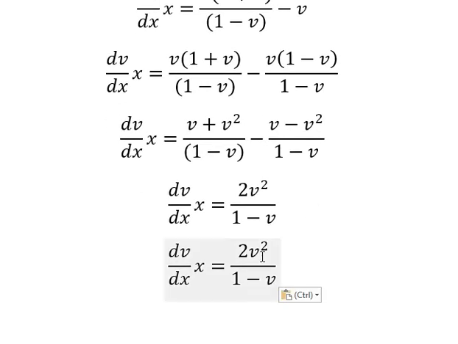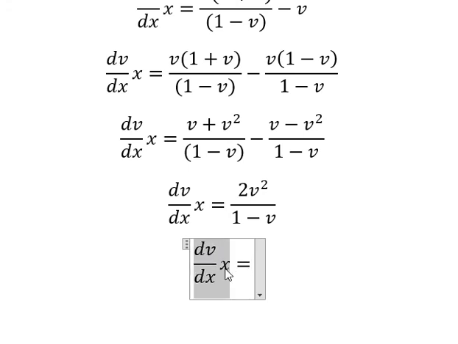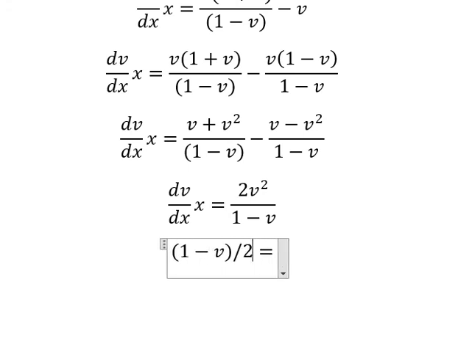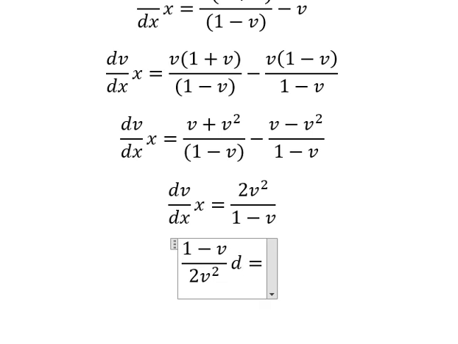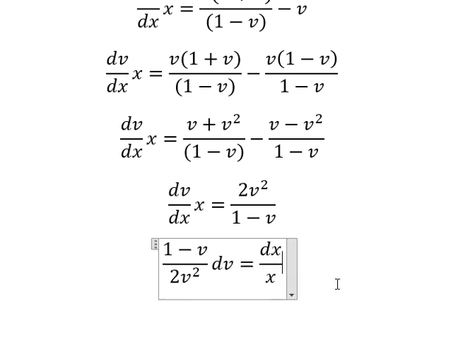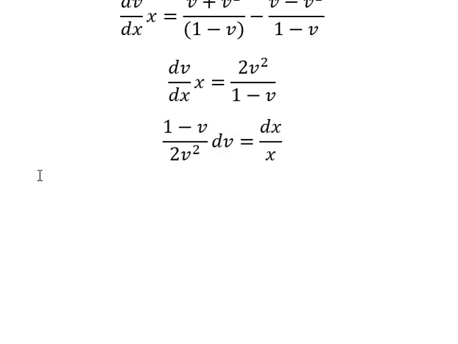And now I will put this one go to the left, ds and s go to the right. Next, we need to put the integration for both sides.